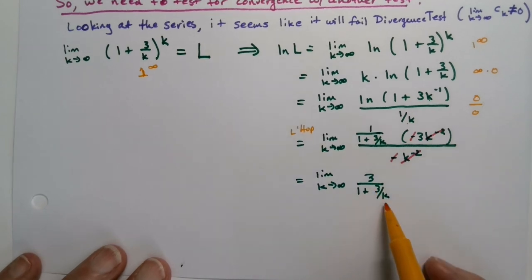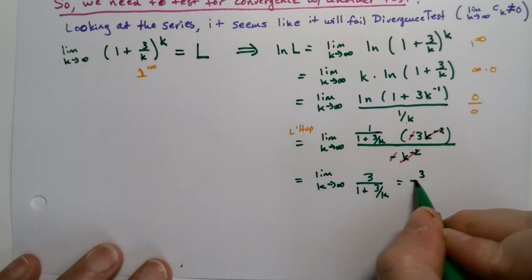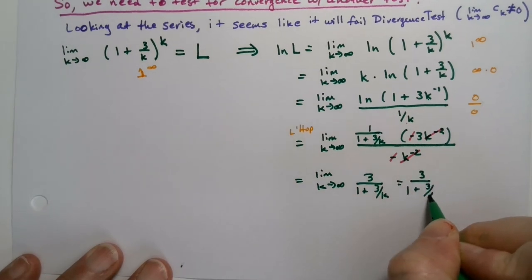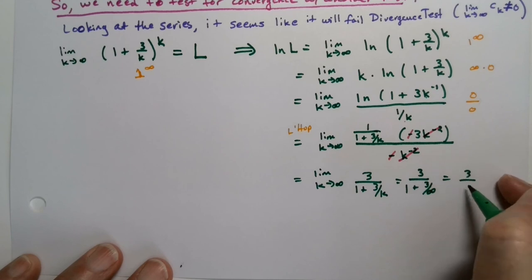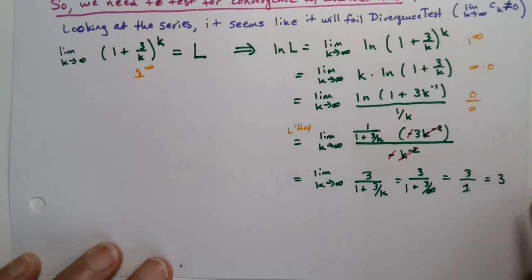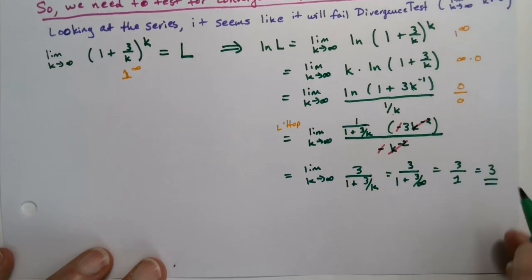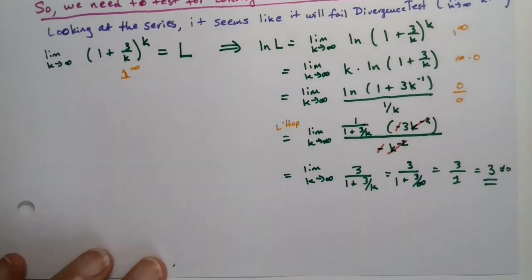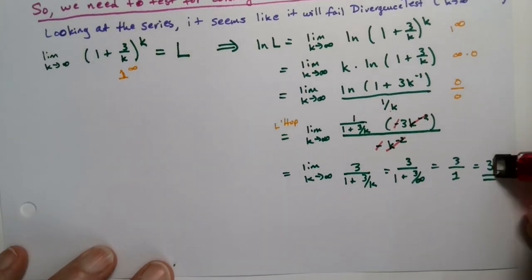But 3 over infinity is 0. So this would be 3 over 1 plus 3 over infinity, which is 3 over 1, which is 3. You know what 3 is? 3 is not 0. Well, we're not there yet. I'll just leave it like that.